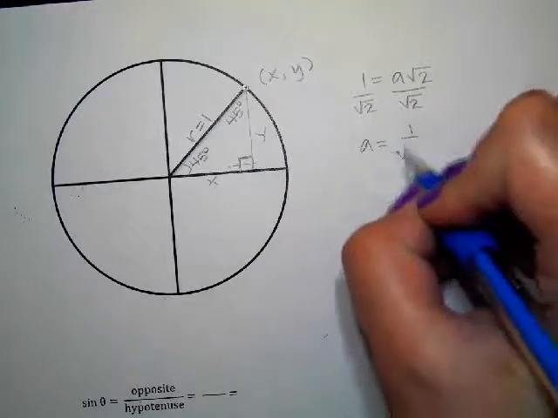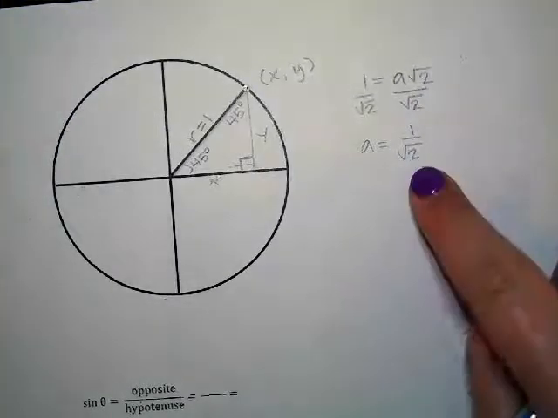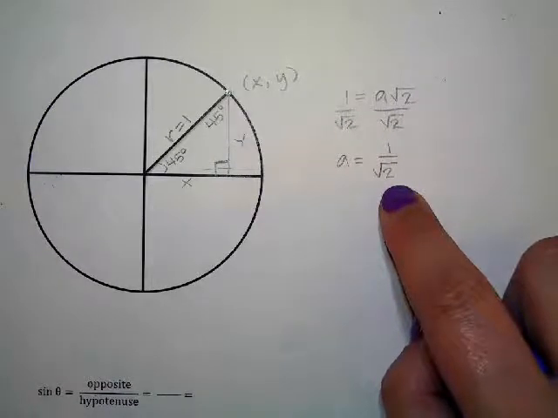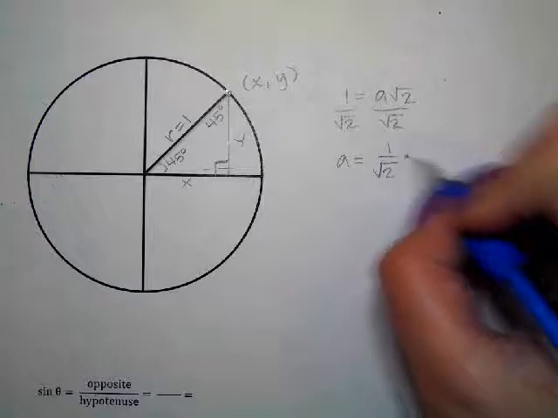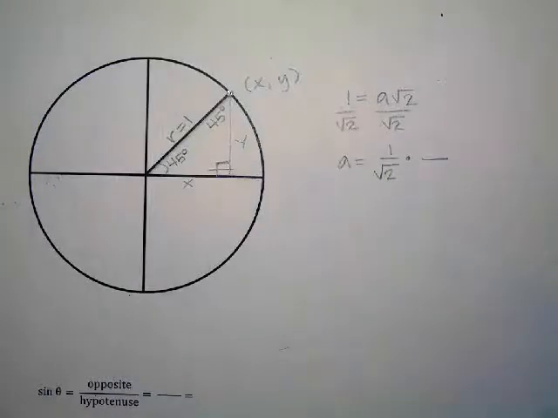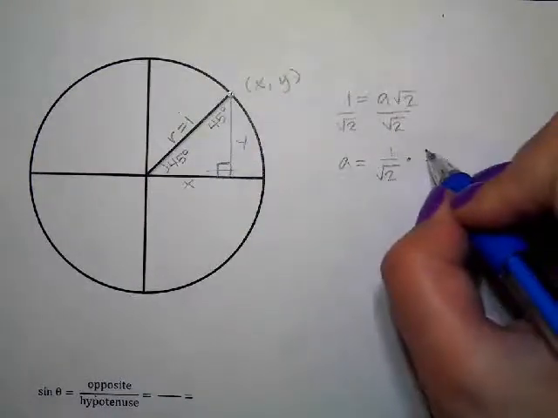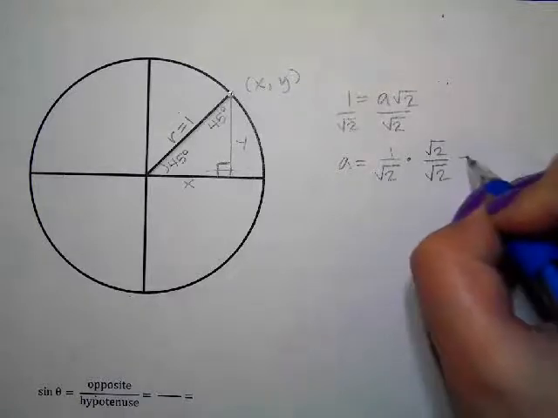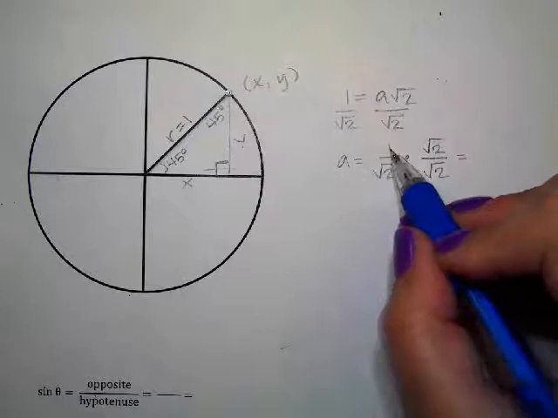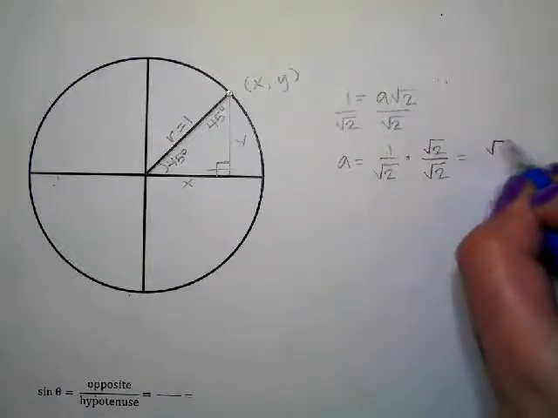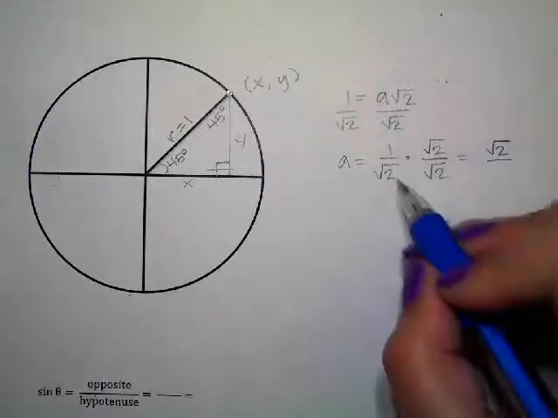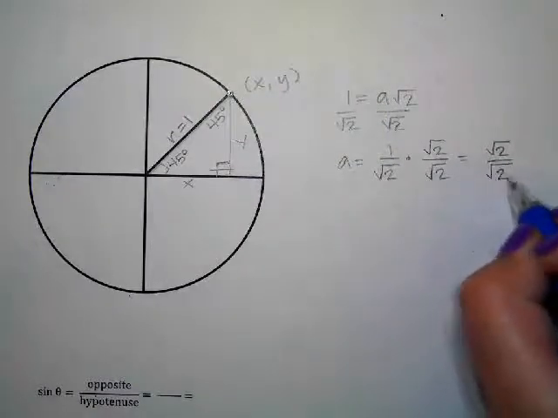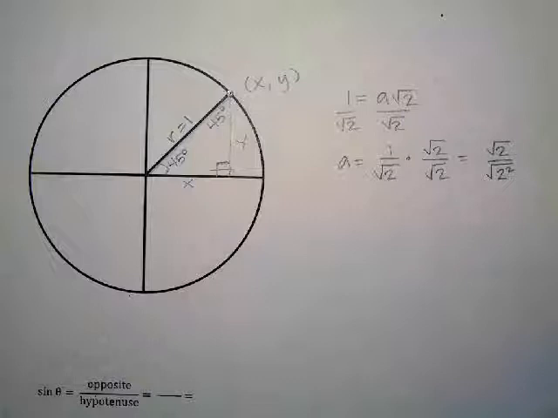This answer is not proper in math. We cannot leave a square root on the bottom of a fraction, so we have to multiply by another fraction that is equivalent to 1. So I'm going to multiply by root 2 over root 2. On the top, 1 times root 2 is just root 2. On the bottom, root 2 times root 2 is the square root of 2 squared. And the square root and the squared cancel.